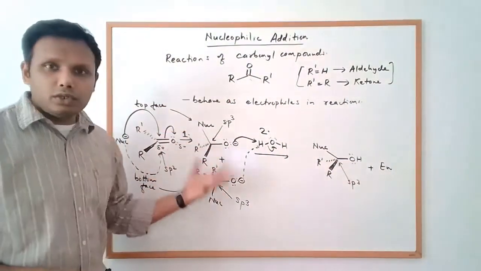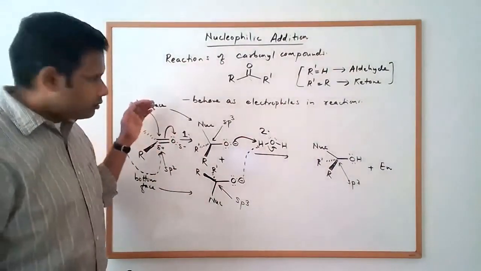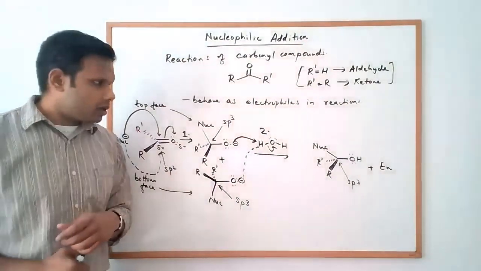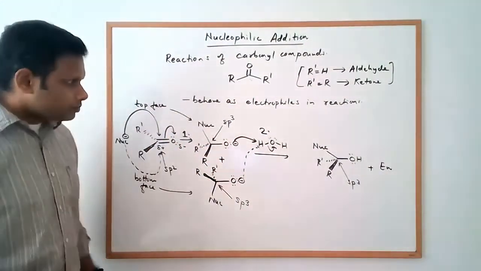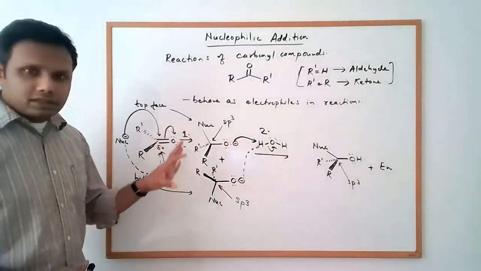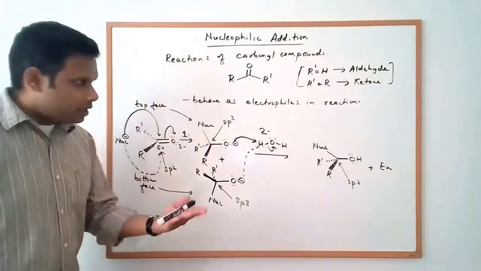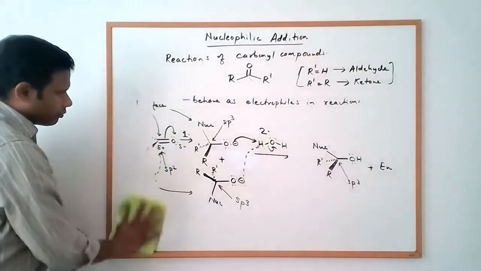That's why it's called a nucleophilic addition, and it is initiated by that nucleophilic attack on the carbonyl carbon. Now, this is one of the possible mechanisms, and we'll look at some of this in detail later. But let's go into another aspect of the reactivity of carbonyl compounds.